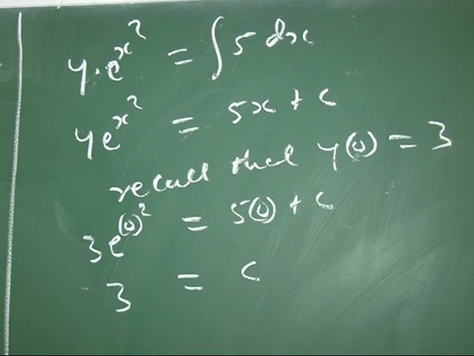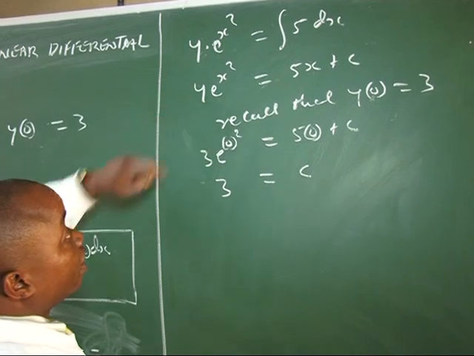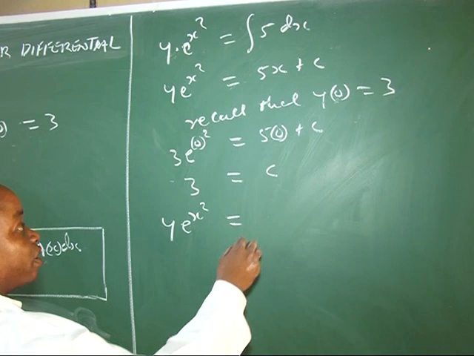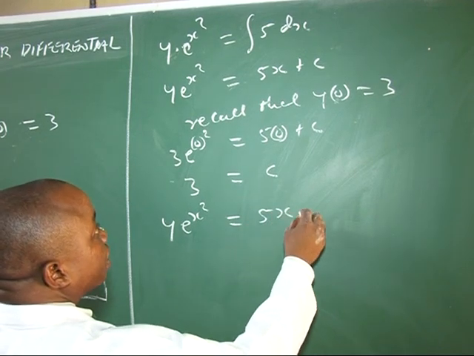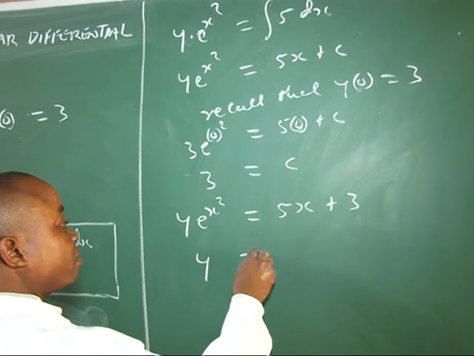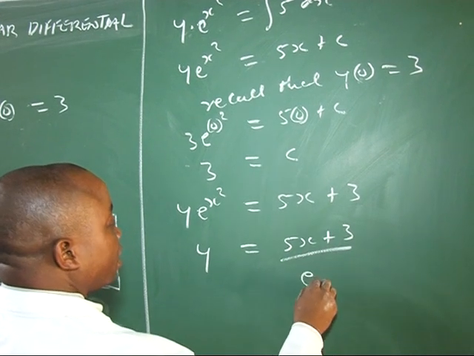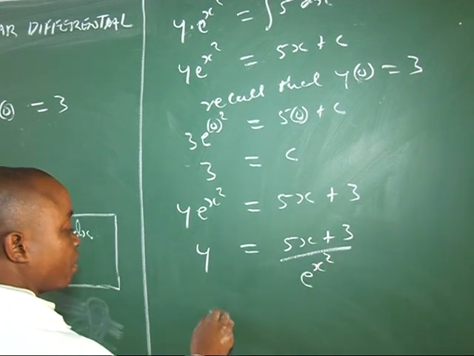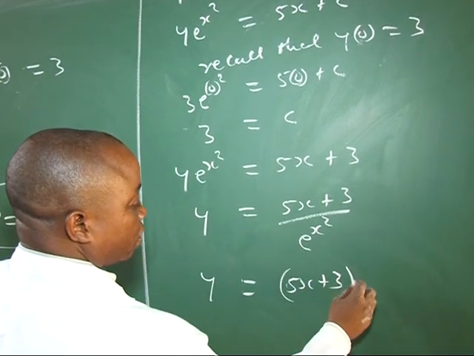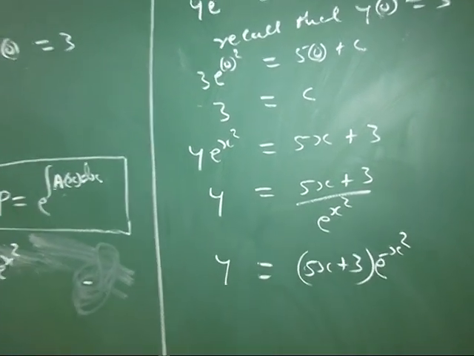So c is 3. We can now go back and write that y exponential x squared equals 5x plus 3, which means that y equals 5x plus 3 divided by exponential x squared. Or we can write that y is equal to 5x plus 3 exponential minus x squared. So that becomes the solution.